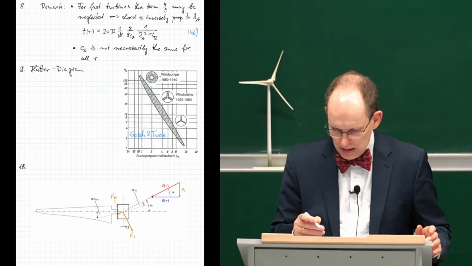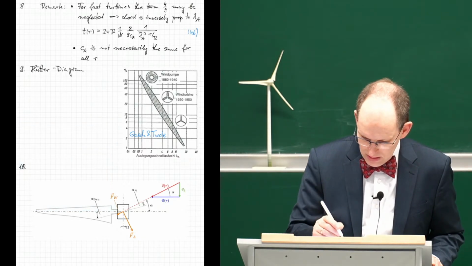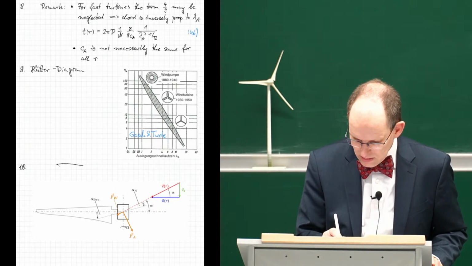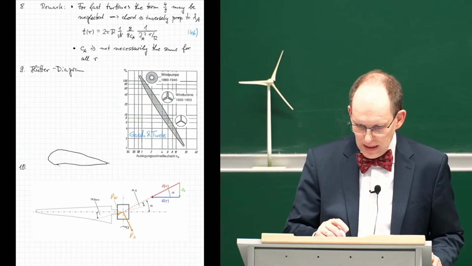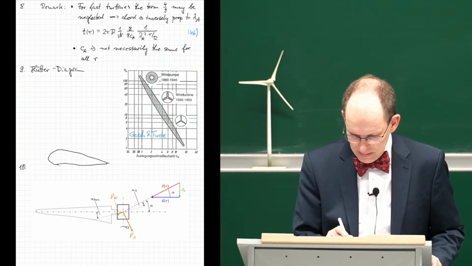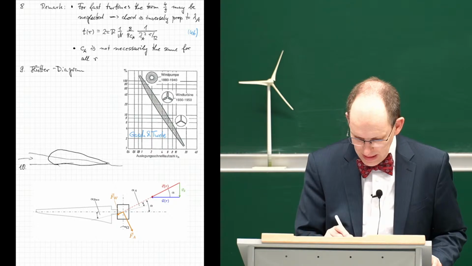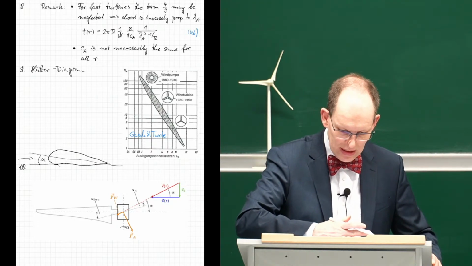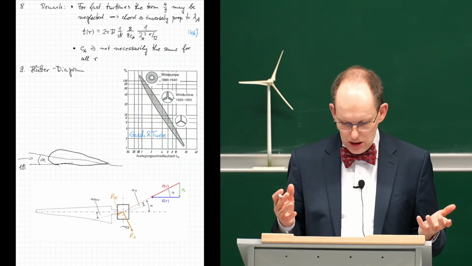So, you know, if we have an airfoil like this, then you know that we have a certain angle of attack. So if the wind comes from here, then this here would be the angle of attack. And now, if you change the angle of this airfoil, then lift can be larger, right?